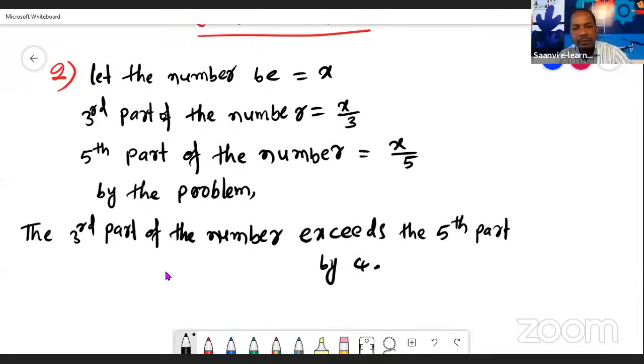So this is the given information, right? The third part of the number exceeds the fifth part by 4, right?